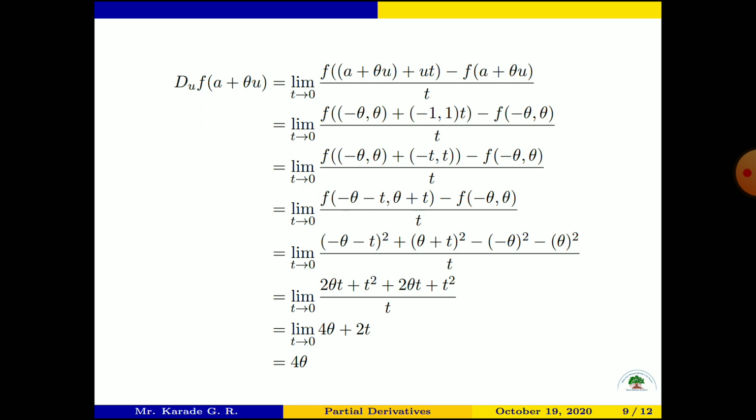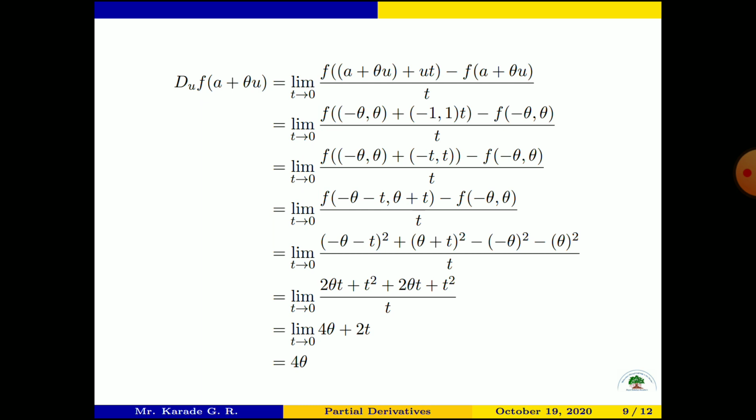But our function f is defined above like this: first component square plus second component square. So in the next step, limit t tends to 0, first component is minus theta minus t its square plus second component is theta plus t its square minus, now f of minus theta comma theta is nothing but minus first component square minus second component square, divided by t.